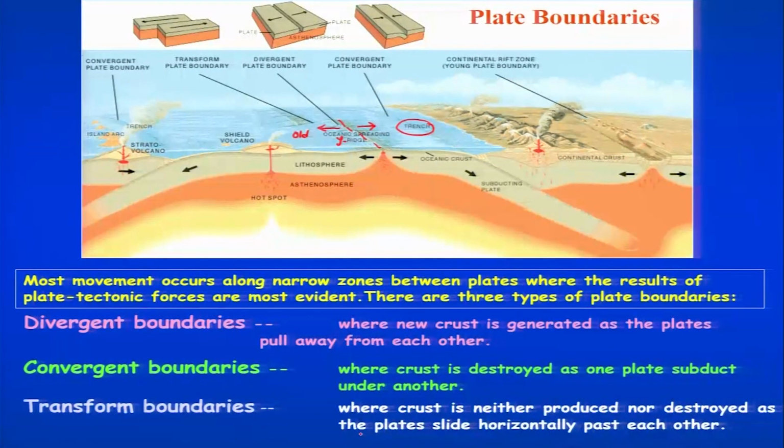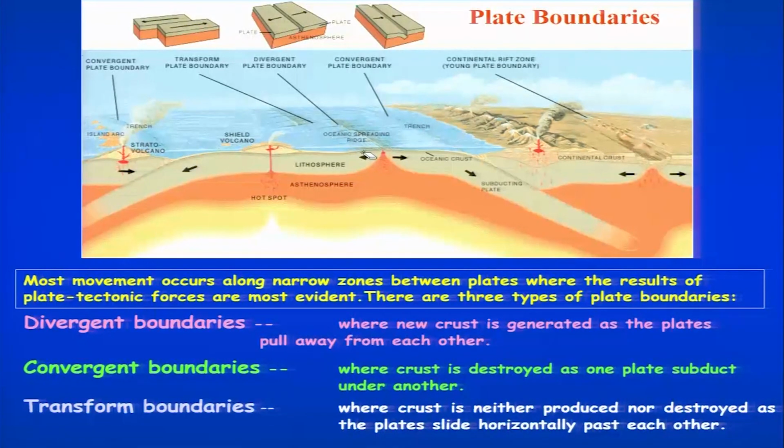Then finally we have the third one, the transform boundaries, where crust is neither produced nor destroyed as the plates slide horizontally past each other. These transform plate boundaries are shown here. Okay, I'll just remove this part so that you can look at it clearly.